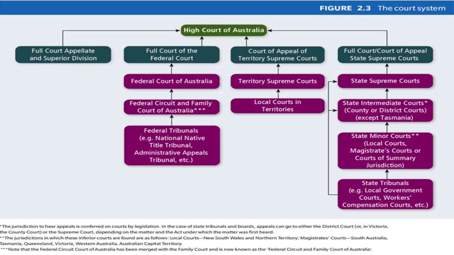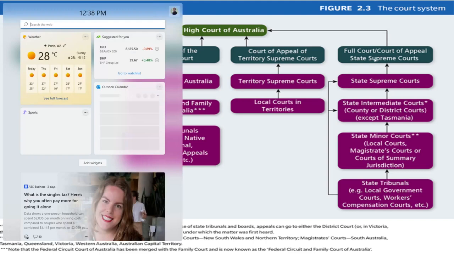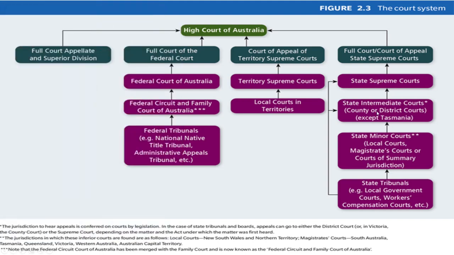This is a figure I have taken from your textbook, which shows that at the top of the court system structure, we have the High Court of Australia, right? That is the highest court sitting on top, and all the green courts just below it are the federal courts, as you can see. When we talk about the state court system, I will request you to focus on the right side of the image.